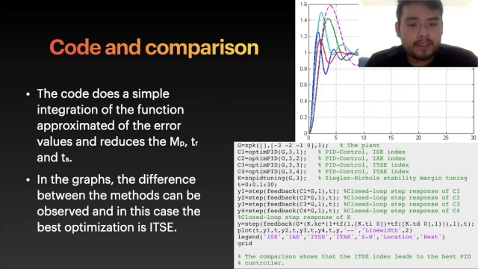We have that 3,1 calls for an ISE index, 3,2 the IAE index, 3,3 calls the ITSE, and 3,4 calls the ITAE.